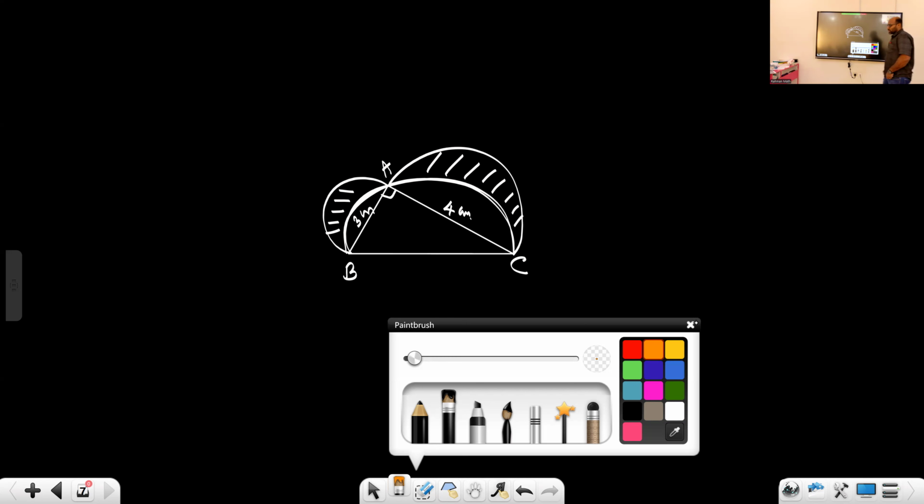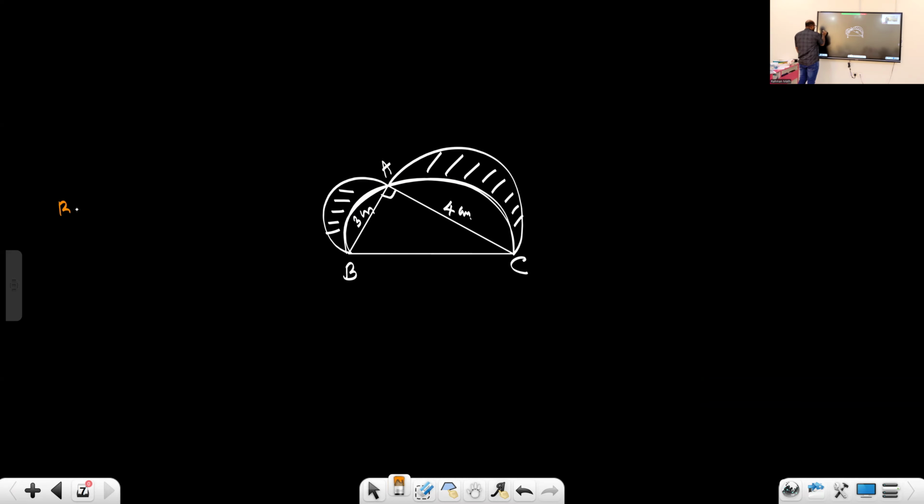In triangle ABC, by Pythagoras theorem, BC square equal to, because that is the hypotenuse, 3 square plus 4 square, or you can use Pythagorean triplet also. It is 25. So BC how much? 5. Mark in the diagram, this is 5.